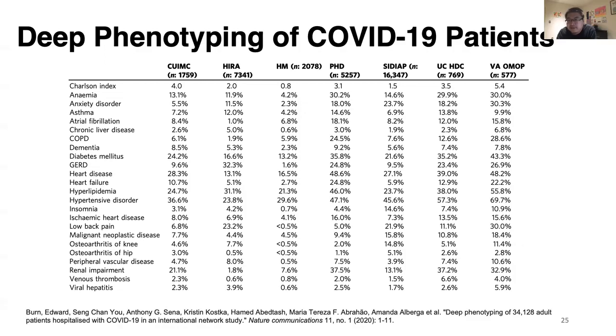And in the US, the proportion of these hospitalized COVID-19 patients who had asthma ranged from 7 to 15%, and from 24 to 43% for diabetes, from 28 to 49% for heart disease, and from 8 to 18% for cancer.